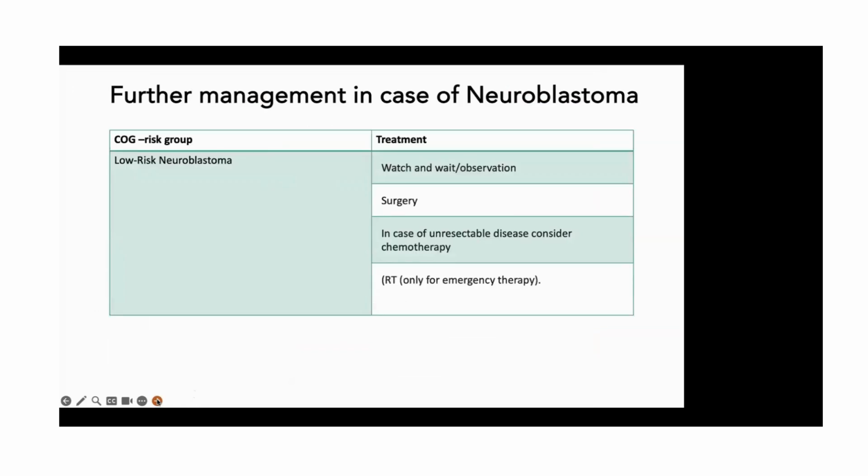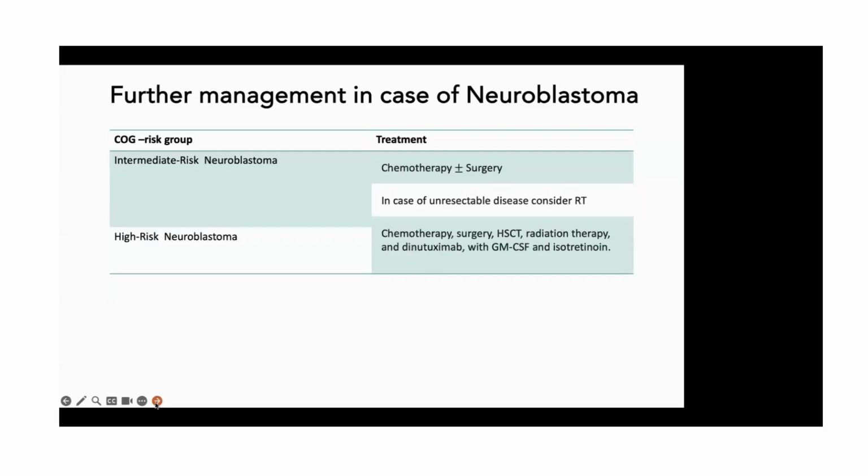As I said, in case of a low-risk neuroblastoma, if the child is small, we can always discuss watch and wait or observation. Surgery in some cases is done. In case of unresectable disease, chemo can be considered, and radiotherapy in case of emergency situations.